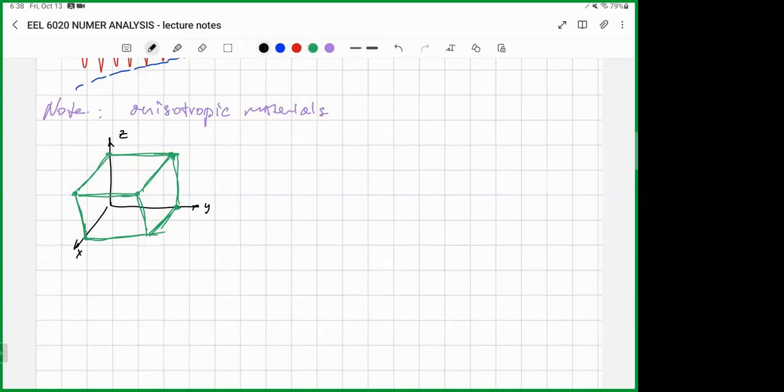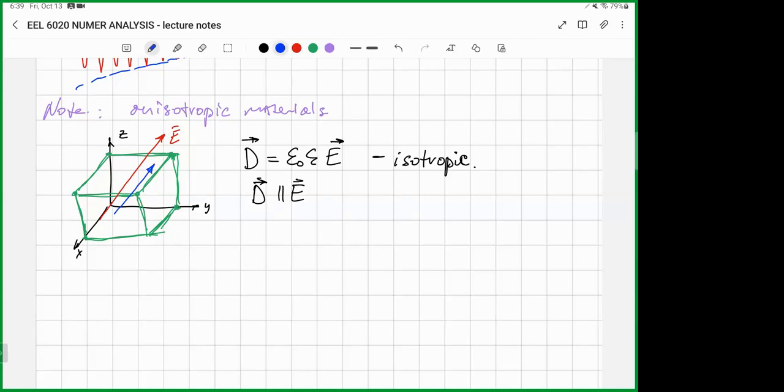And the electromagnetic properties too. For example, we have this formula D is equal to epsilon 0 epsilon E, which holds for isotropic materials, because D is collinear with E. For example, if we apply electric field in this crystal like this, then the vector D will also be directed like this.